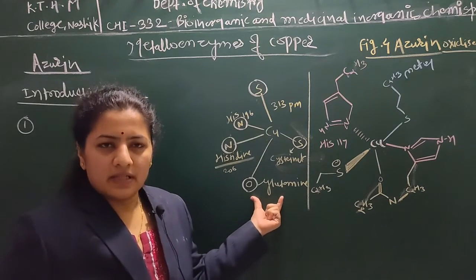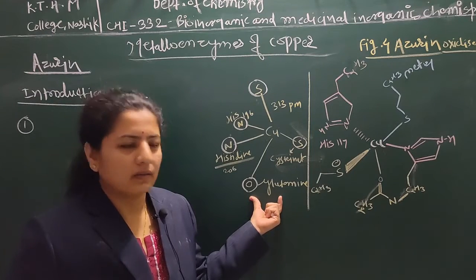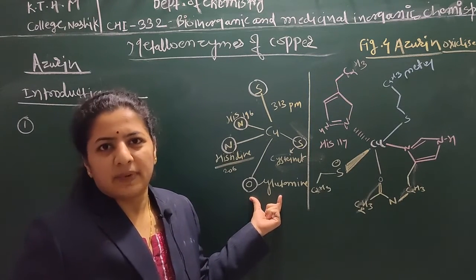In the introduction, we know that Azurin is a small periplasmic copper containing bacterial electron transfer agent.